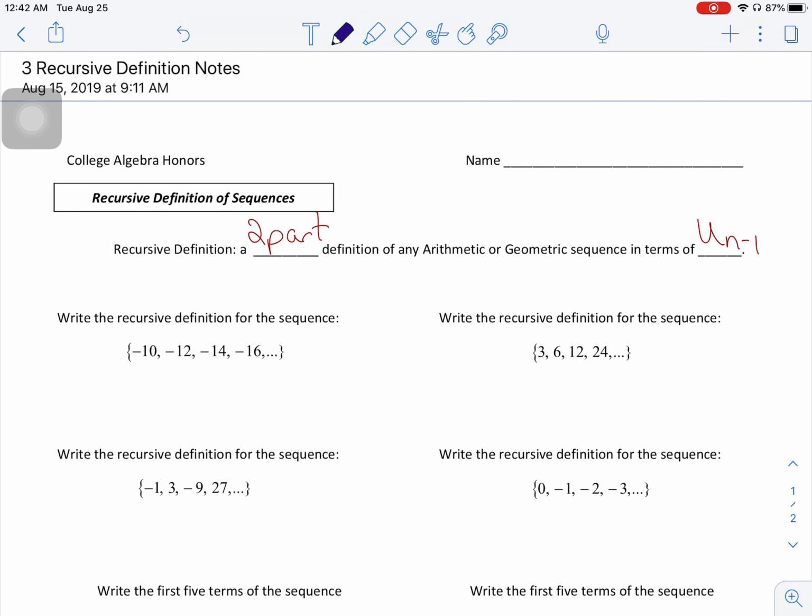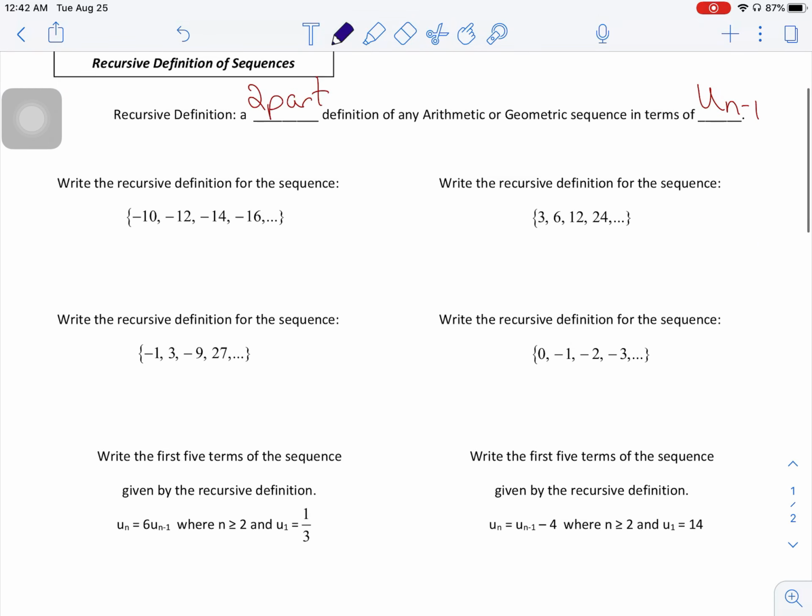Let's get a little practice with it. Write the recursive definition for the sequence. So there are certain things that are always going to be the same. u sub n is equal to, now what I want to look at is what's going on from term to term here. So how am I getting from negative 10 to negative 12, and then negative 12 to negative 14, negative 14 to negative 16?